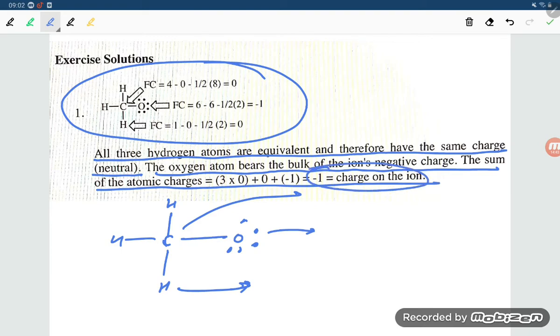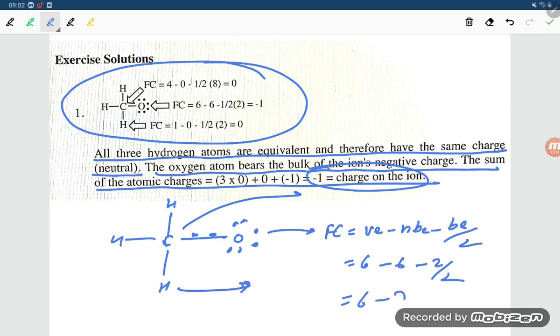Let me check. For oxygen, if you are calculating FC, what is the formula? Valence electrons minus non-bonded electrons minus bonded electrons by 2. So how many valence electrons are there? 6. Non-bonded electrons? 2, 4, 6, that is 6. Minus bonded electrons, how many? This is one bond, so that is 2 electrons, 2 by 2. So 6 minus 7, how much is coming? Minus 1. So the formal charge is minus 1.